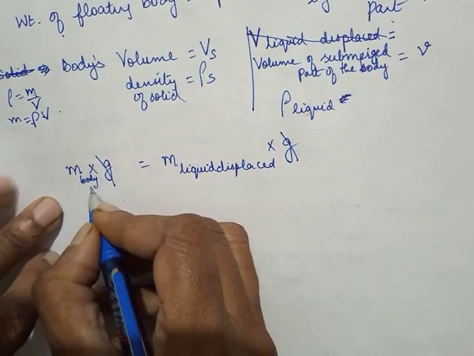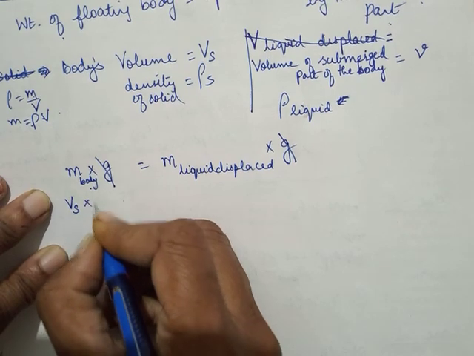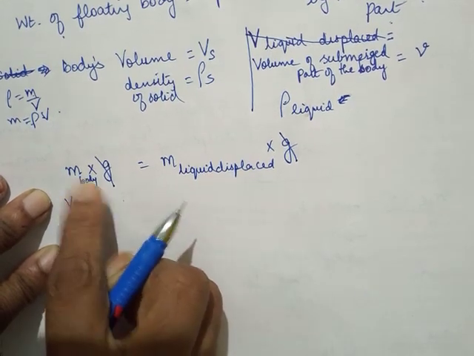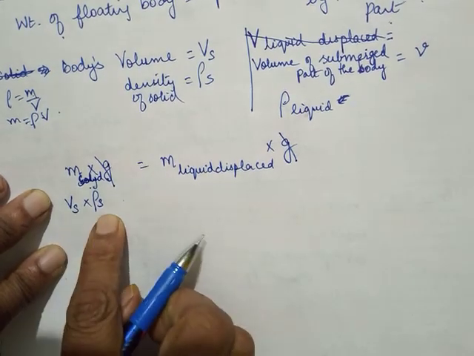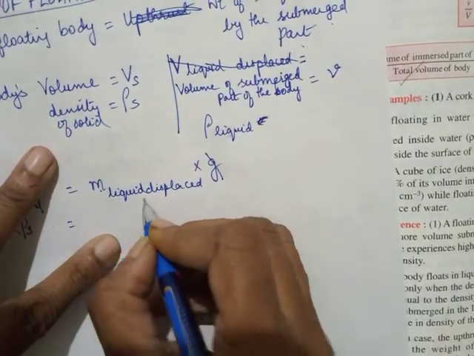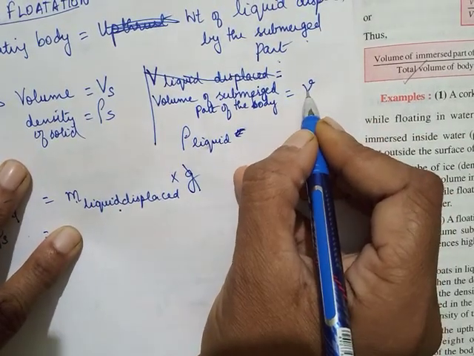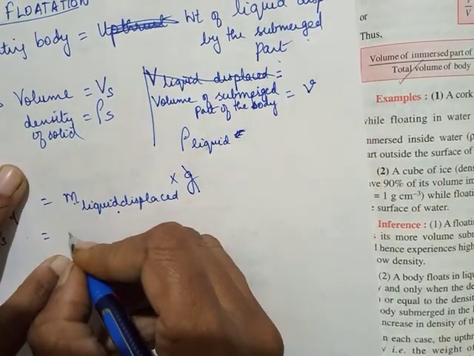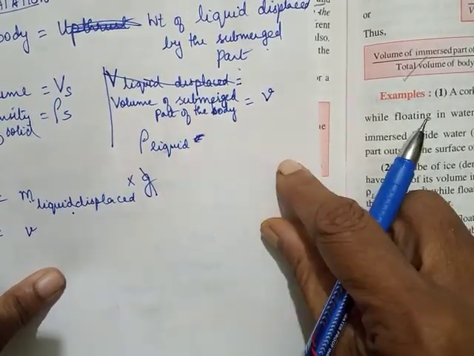So mass of the body or mass of solid, I can write volume of solid into density of solid. Mass of liquid displaced will be the volume of the submerged part, because it will displace liquid only equal to the submerged part.